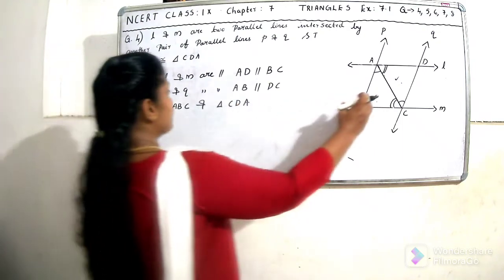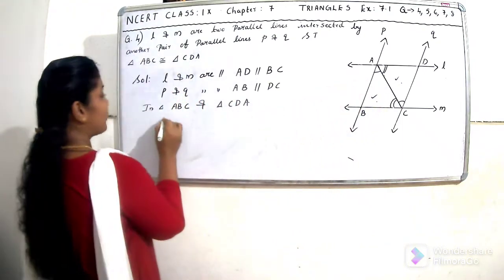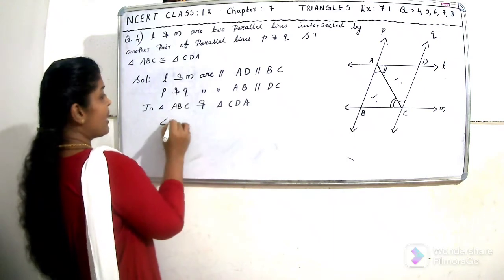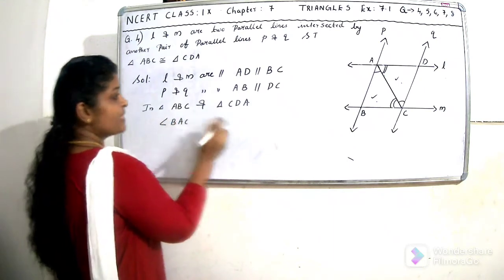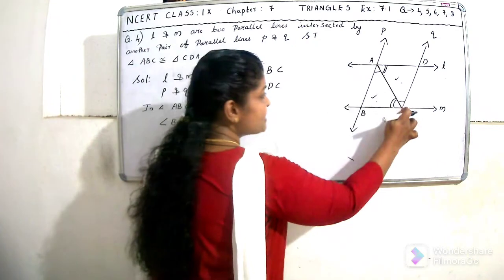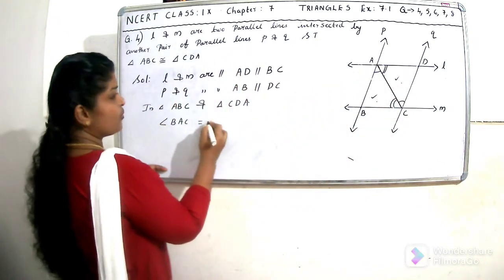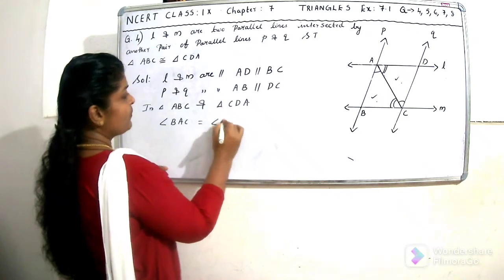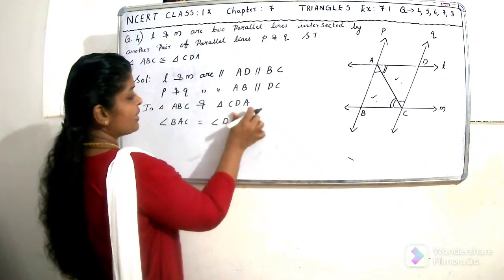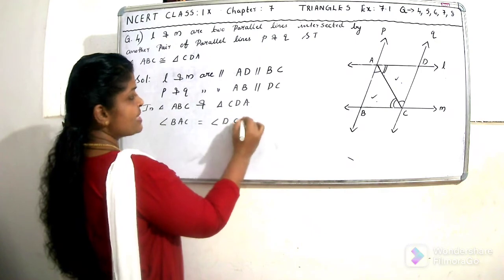Now this is our first triangle. In this, angle BAC, that means this corner, and now we have to take this corner, angle DCA.